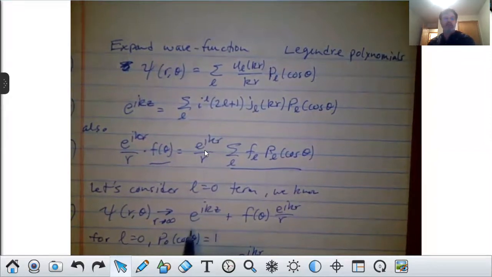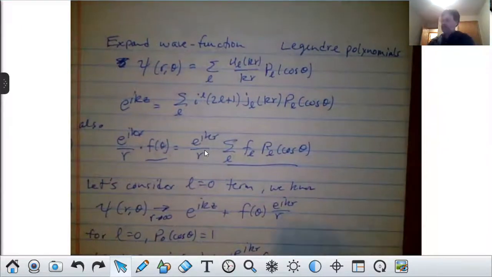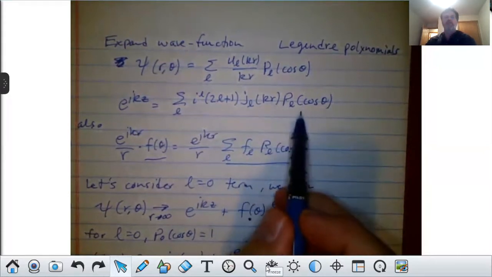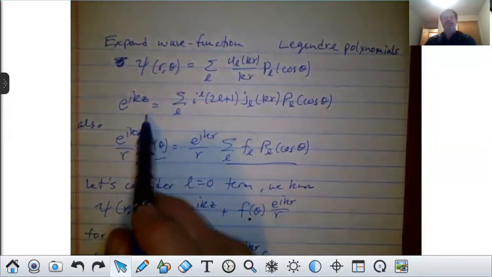Skipping ahead a little bit, if you remember in the last video, the wave function goes asymptotically as an incoming wave along the z-axis, a plane wave, and then it goes out as a scattered spherical wave, e to the ikr over r, and the coefficient that multiplies that scattered spherical wave is called the scattering amplitude, f of theta. So our plan here is to make an expansion in terms of our angular functions, Legendre polynomials in this case, of each of these two terms in the asymptotic function, starting with e to the ikz.